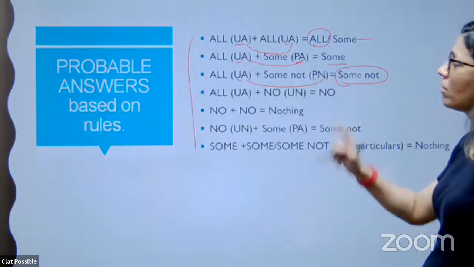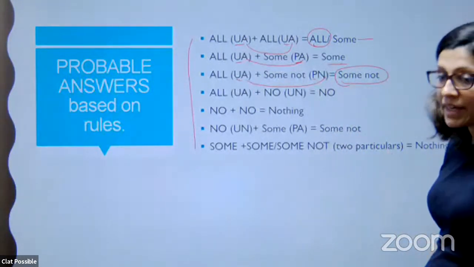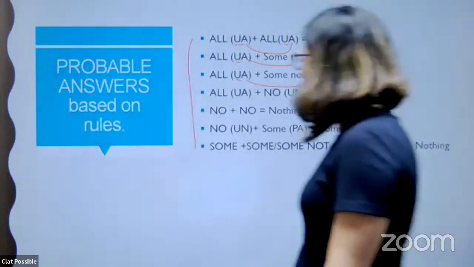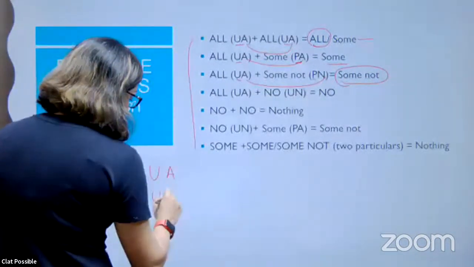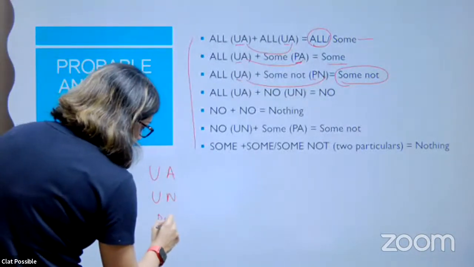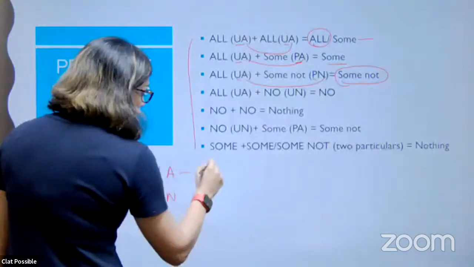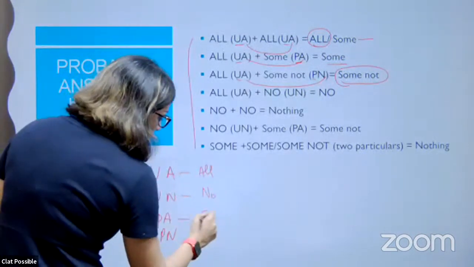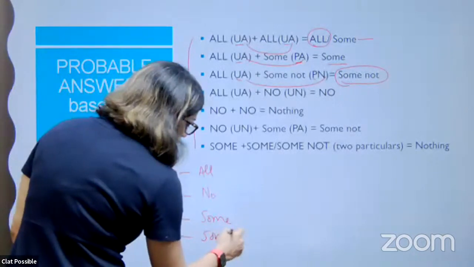There is one universal affirmative, there is only one universal negative, one particular affirmative and one particular negative. So that also we had defined in the last class. This will be all. This will be no. This is going to be some. And this will be some not.